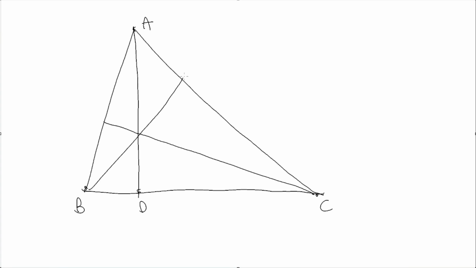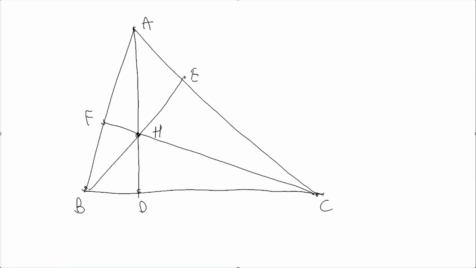So D, E, and F. And we know that they concur at the orthocenter H. In other words, these altitudes all have the same point H in common. But we've never really bothered proving this properly. And in this video, we're going to be finally proving this using radical axes. There exist ways to prove it without radical axes, but I think this is a really instructive proof.